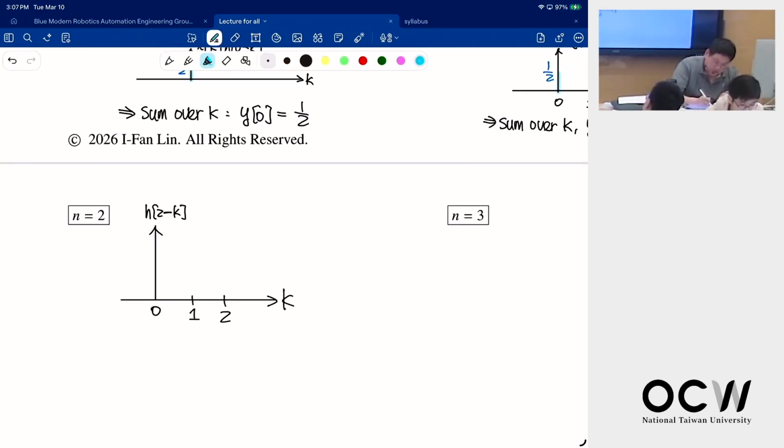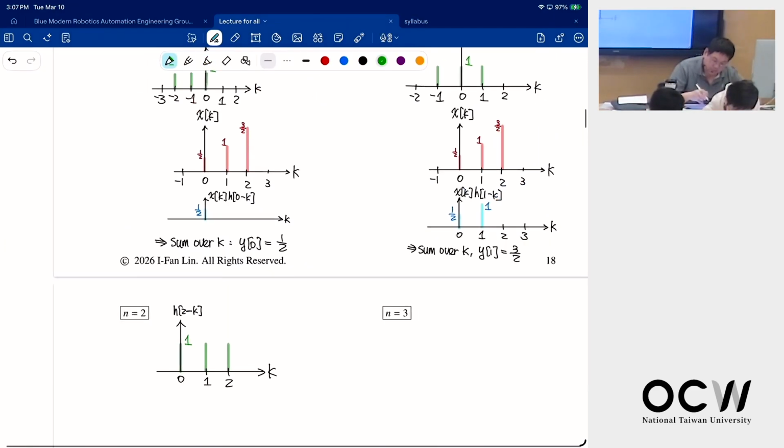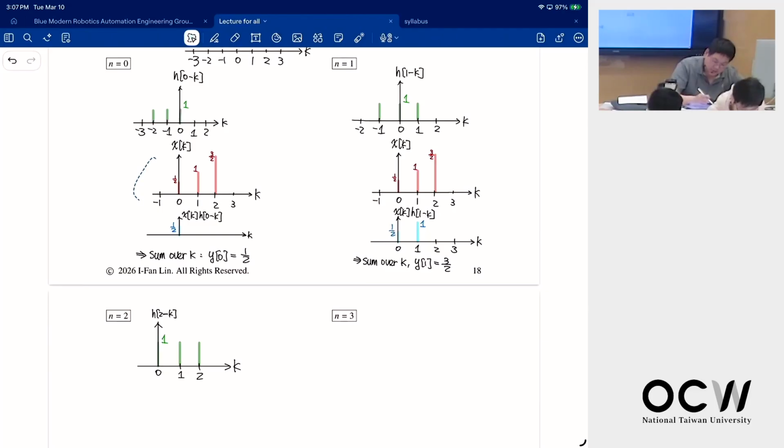So we get 1, 1, and 1. And then your x is the same, so let's copy it.